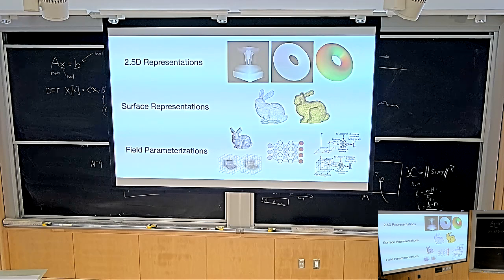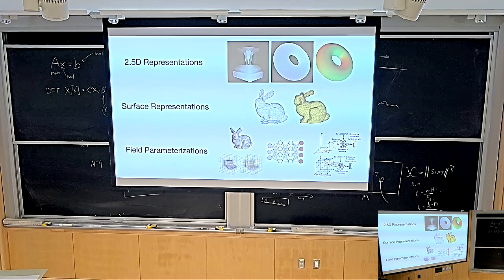Then we talked about our first instance of actual 3D representations, which we called surface representations. These are, for instance, point clouds or meshes. And these give you the geometry of all of the 2D surfaces that are embedded in 3D space, but they don't tell you anything about any other position in space. And in practice, that has a few implications. One of the implications is that there are some queries that are hard to answer with these representations.